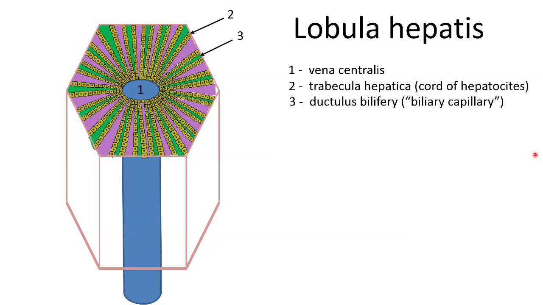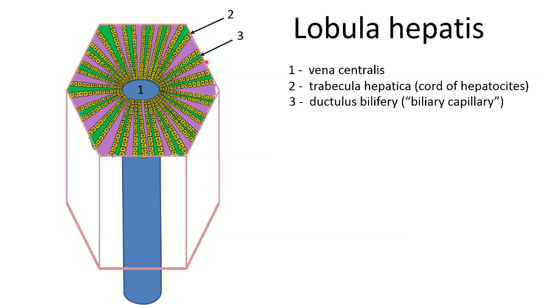Why not red? Because it isn't oxygenated blood. Why not blue as the central vein? Because it isn't deoxygenated blood. So what kind of blood can we find here?